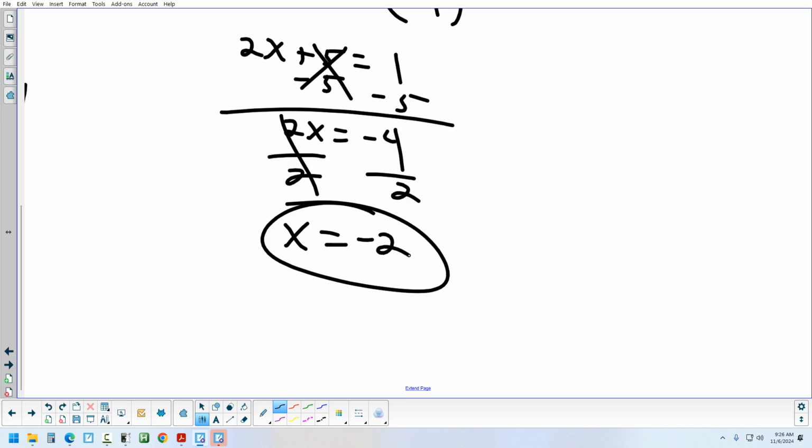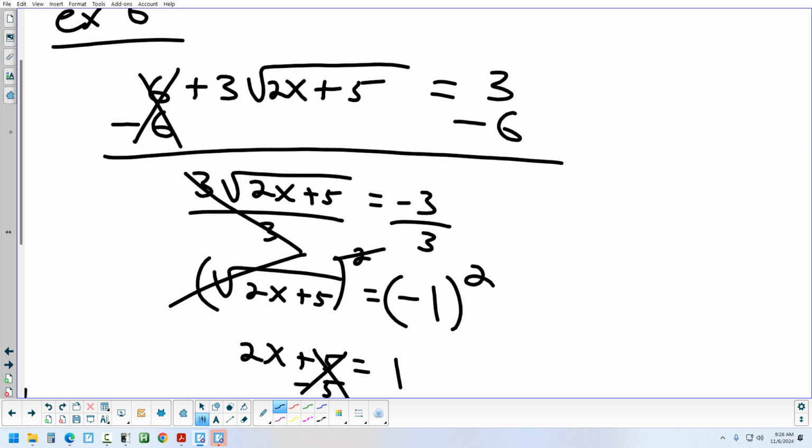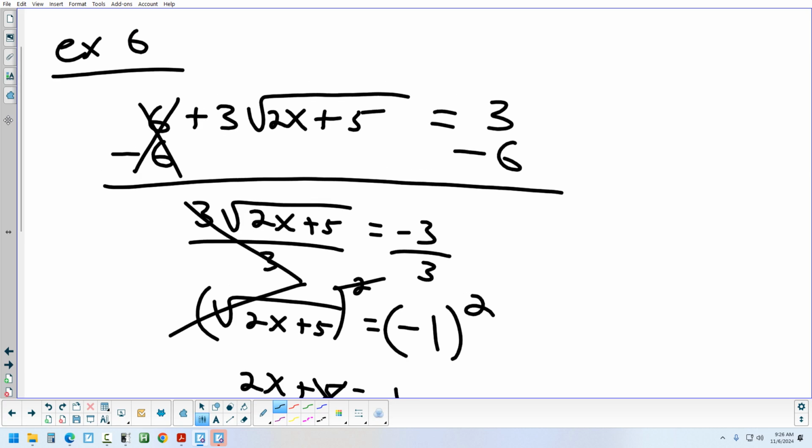Let's see what happens. We plug in negative 2. I'll rewrite the original problem. Let's see if that comes out to 3. If we plug in negative 2, what's 2 times negative 2?